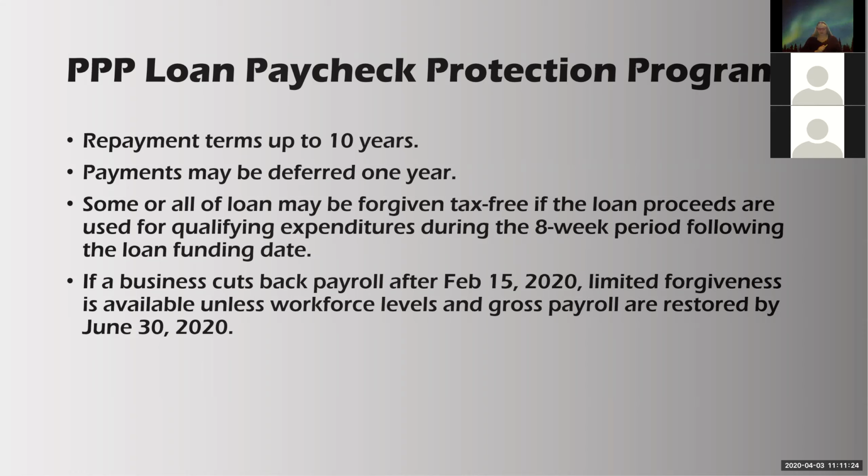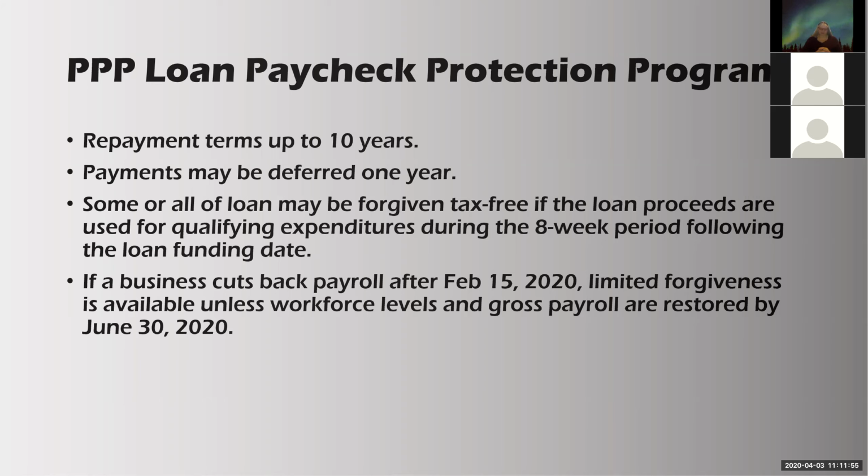Now, the problem is that if you cut back payroll after February 15th, meaning you laid people off or anything like that, then you're limited in how much of that forgiveness is available to you. Unless your workforce levels and your gross payroll levels are restored to their original amounts before June 30th.